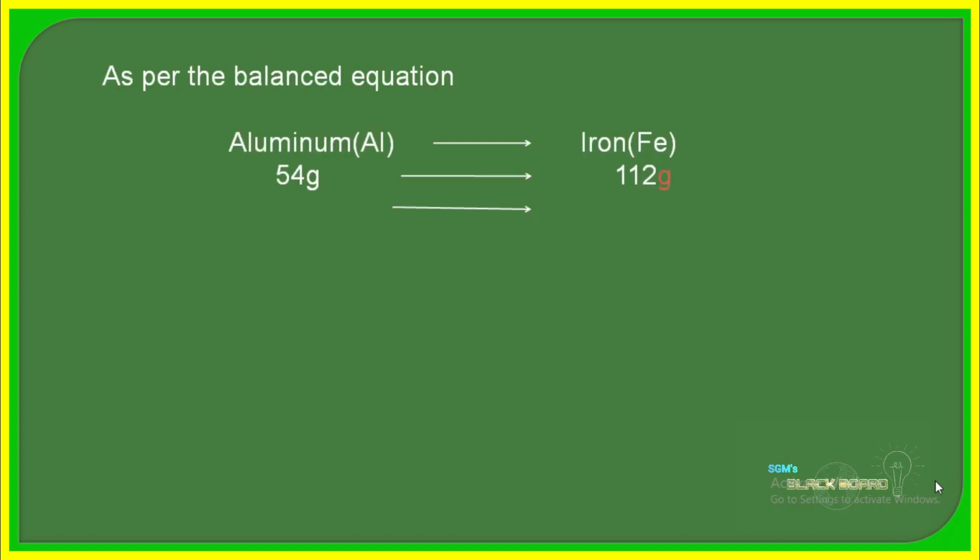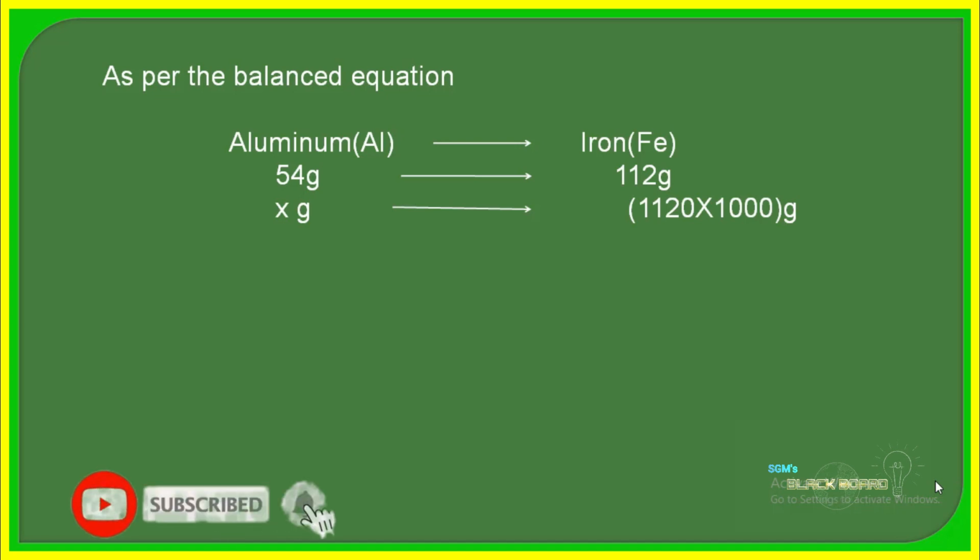Comparing aluminum and iron, 54 grams gives us 112 grams of iron. We need to find how much aluminum is required to get 1120 kg. First, convert that into grams, because above we have taken the units in grams. So 1120 kg means 1120 into 1000 grams. How much aluminum is required? Let us take x grams of aluminum.